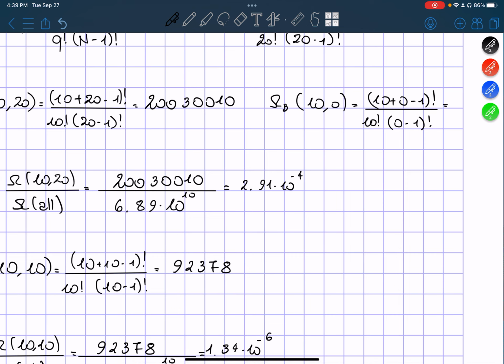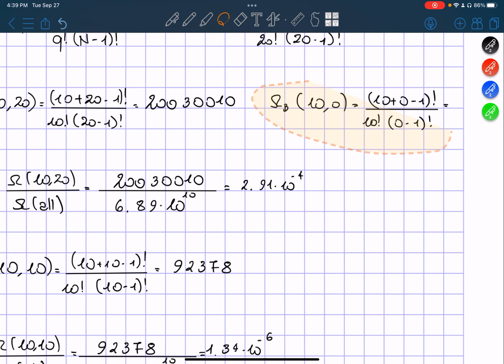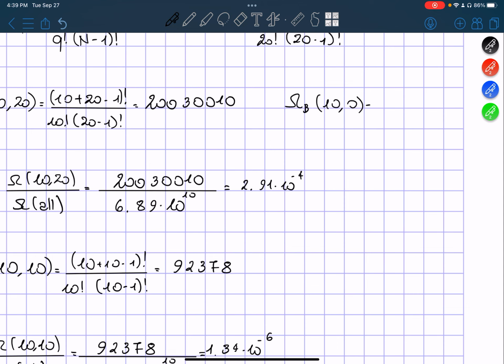Actually, I don't even need to check it. We just know that there's only one microstate for this configuration where we have 10 oscillators and 0 energy units, because there's no energy.